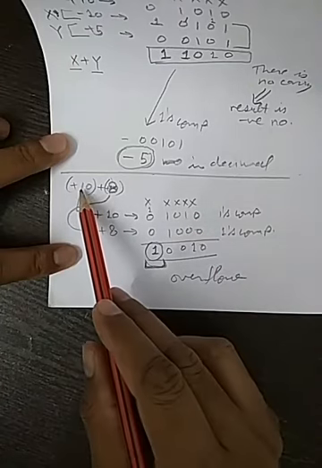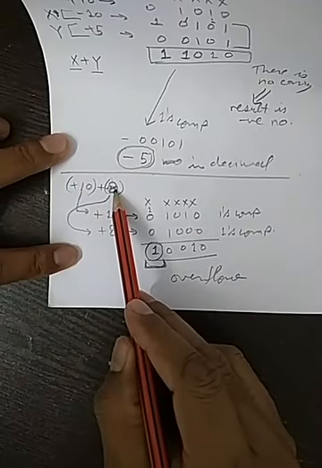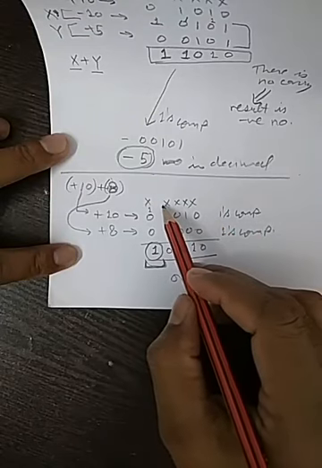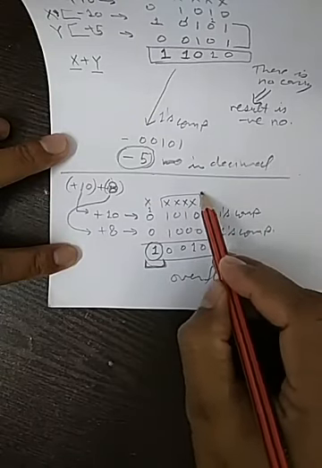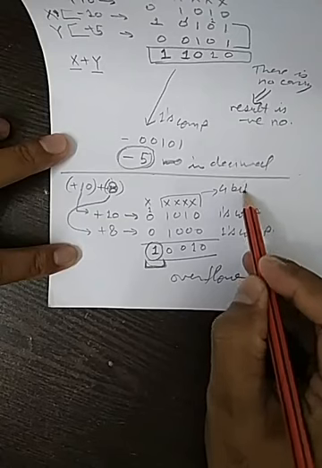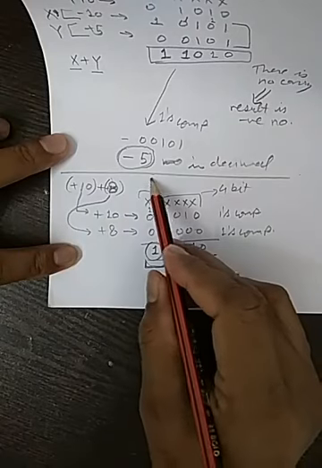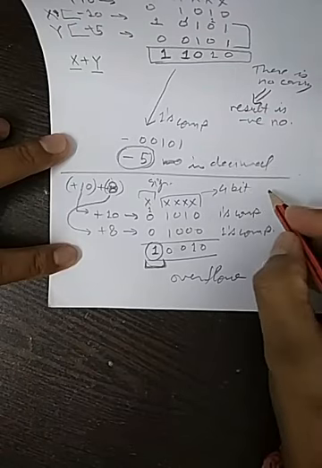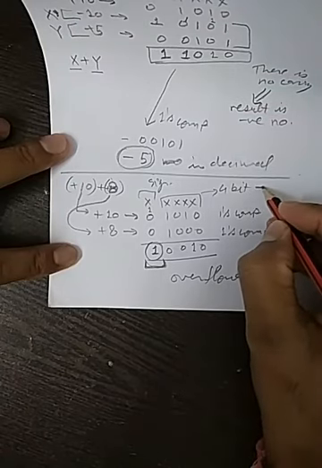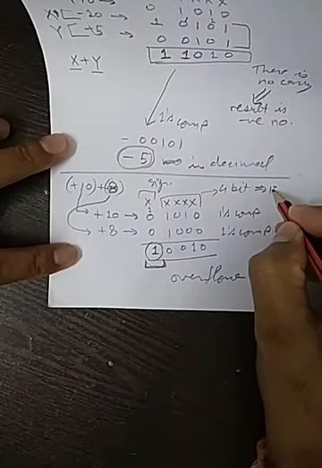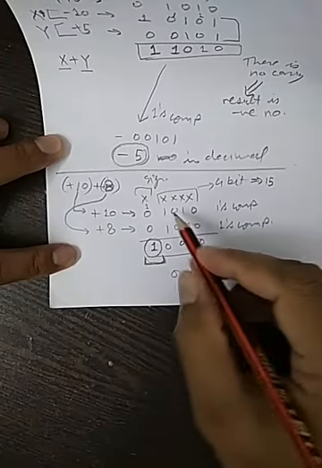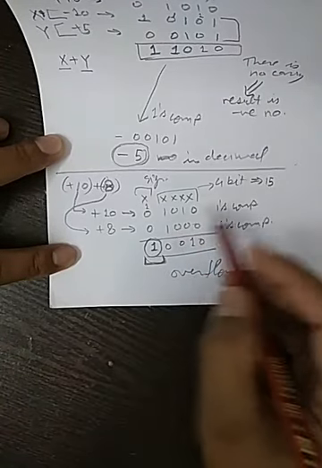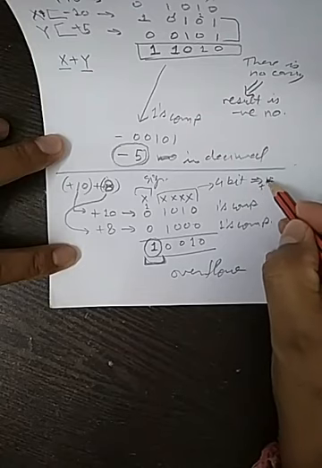What I am doing is I am adding 10 plus 8. The number of bits given to us is 4 bits for the magnitude and 1 bit for sign. So using 4 bits, what is the maximum number that can be represented? Only 15. Range of this 5-bit number is only up to plus 15.